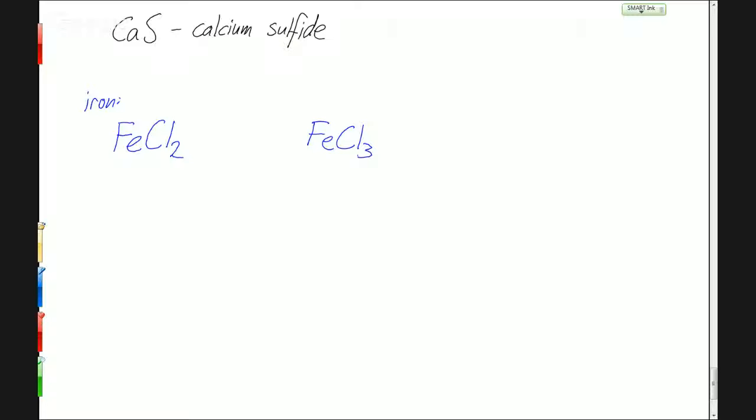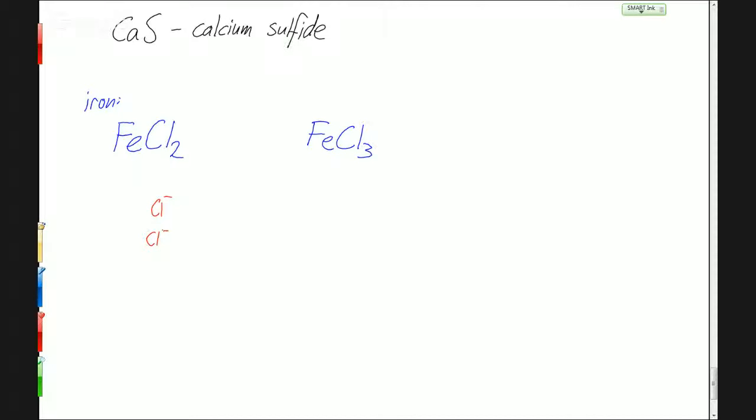So let's look at FeCl2. What is the charge on chlorine, on chloride? It's always -1 or 1 minus. All those in that 7A column called the halogens are always -1. So if you have FeCl2, it's overall neutral, and you know that each chloride is -1, and there's 2 of them.